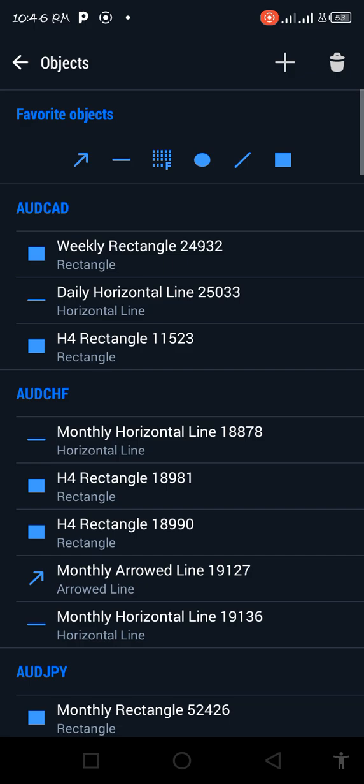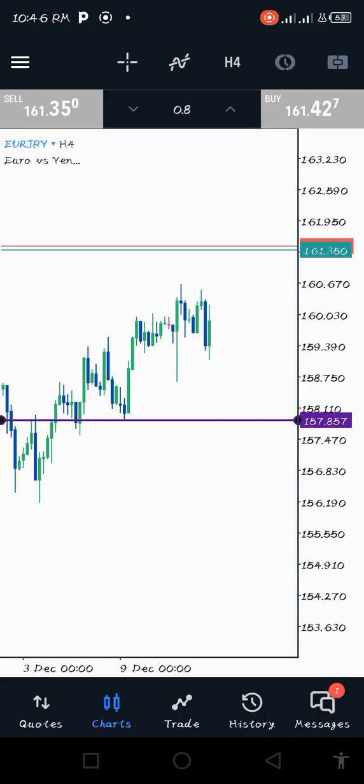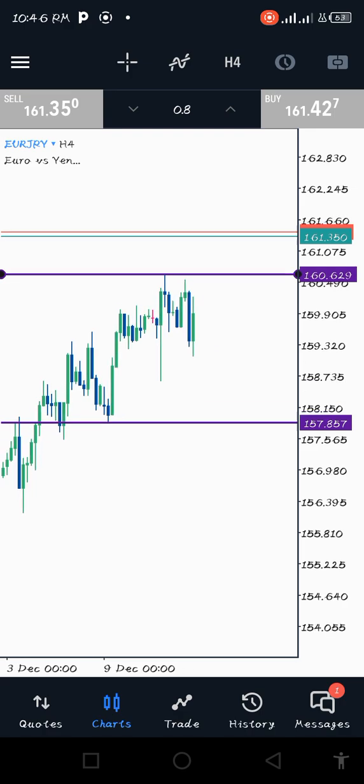This is the lowest range that is formed on the 4-hour time frame.